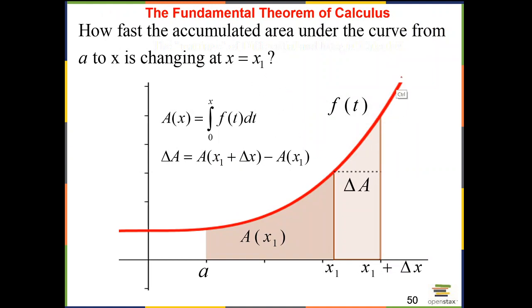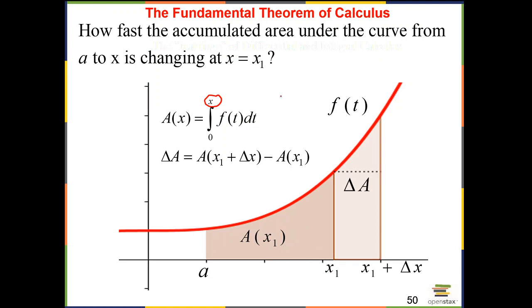So again, we have f of t here, right? And we are going from a to some number x1. Now this is x, of course, but different values of x would be over here, x1, x2, x3, and so forth, right? So we want to know what is A prime of x. And in order to figure out what the formula is, we're going to call x x1.